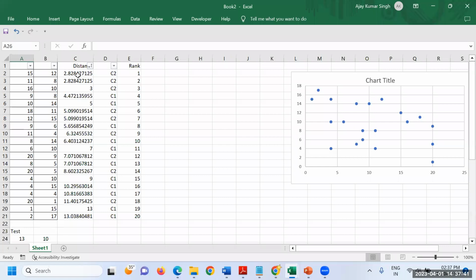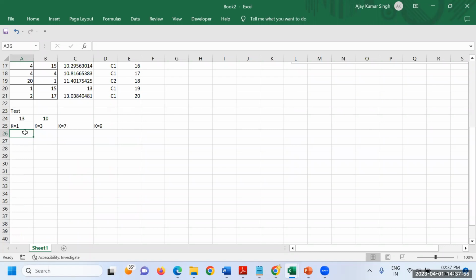The nearest point is 2 point something. So for the time being, both are having the same nearest point, that is C2. So in that case, it is falling under which category? C2. So here we are going to write C. You may write the value of C1 equal to, or enter the value of C2 equal to. Fine. So based on this C1, C2, we are going to decide the final output, isn't it?